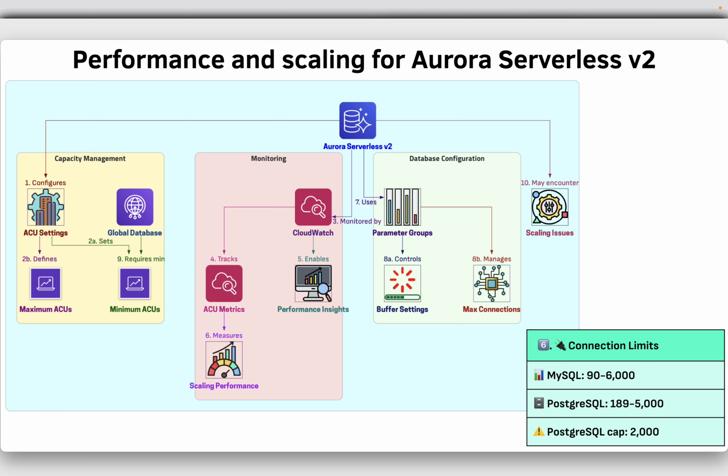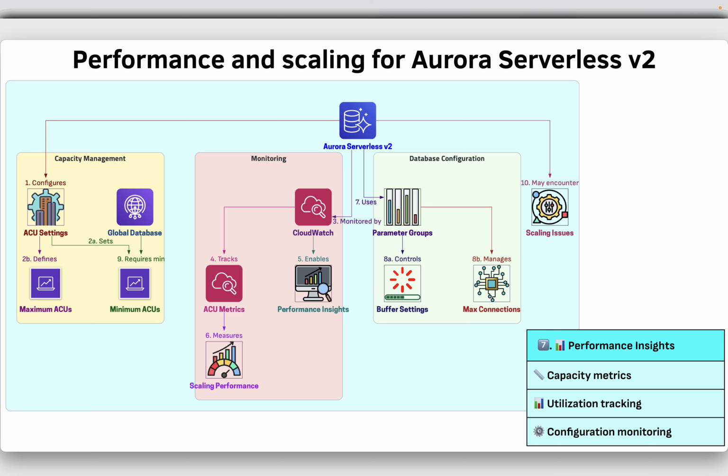The max connections parameter has predefined limits based on the maximum ACUs, which can range from 90 all the way up to 6000 for MySQL, and from 189 all the way up to 5000 for PostgreSQL, with PostgreSQL capped at 2000 when minimum capacity is 0 or 0.5 ACUs.